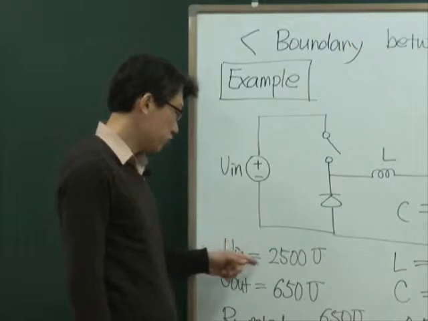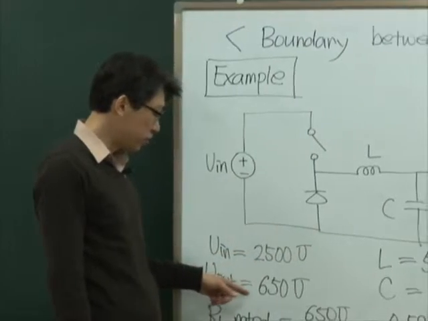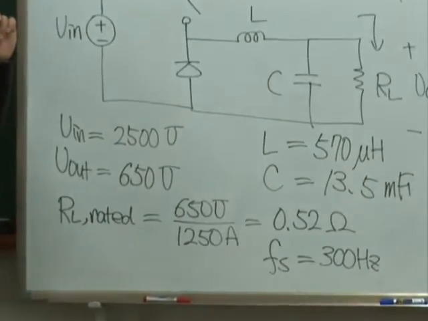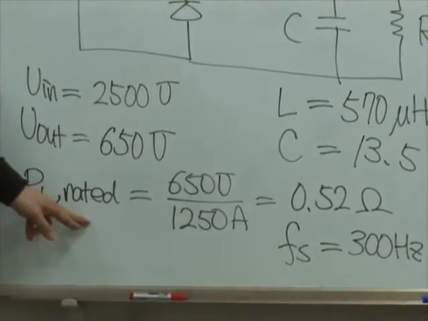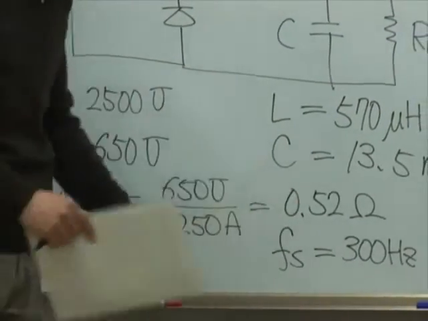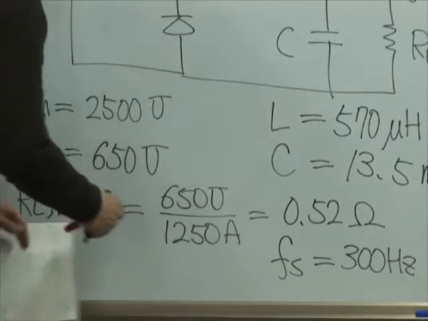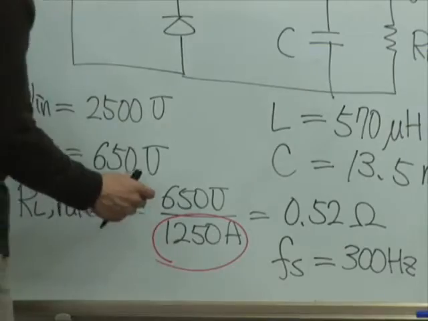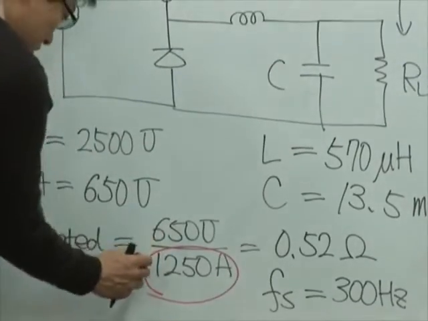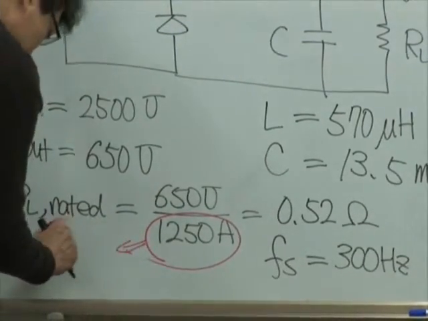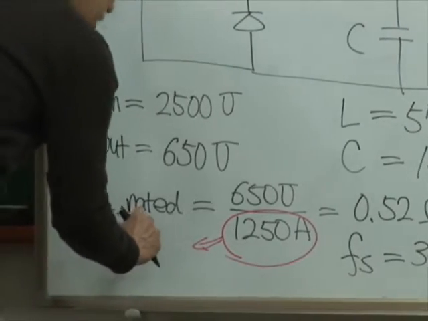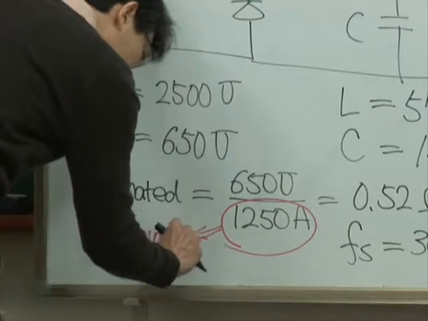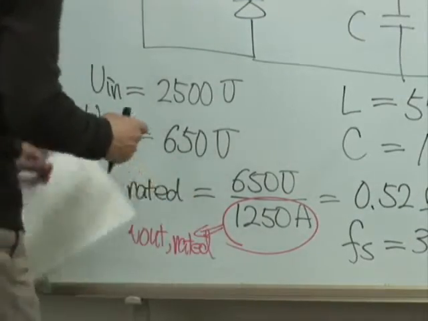Input voltage is 2500 volt, output is 650 volt, and the rated resistance is 0.52. Here, the rated current is 1250 amperes. That's the rated load output. 정격. Okay?